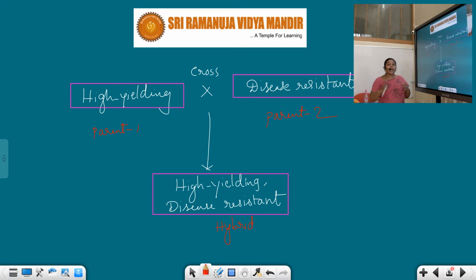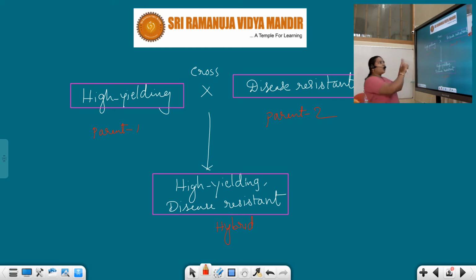This plant shows very much resistance power towards pests. It is known as a disease resistant variety. Whatever disease may affect it in the future, it can have that withstanding power, the resistance power to overcome the problem or difficulties. So both the characters are very good characters.